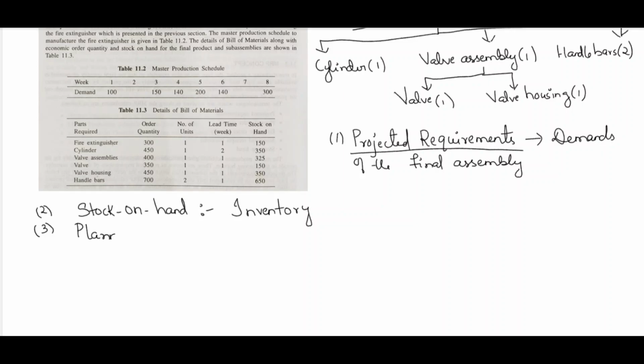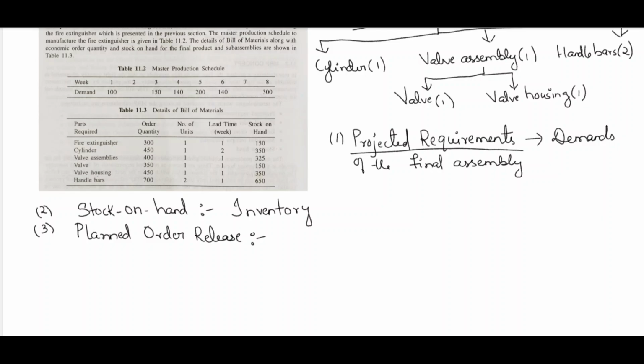These terms are very much essential for the MRP calculation. Planned order release is the plan to initiate the purchase.